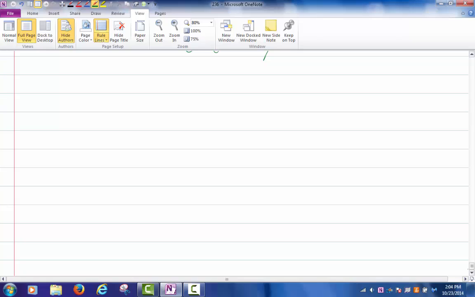Go to section 2.1 and 2.2, do the similar homework problems from there.